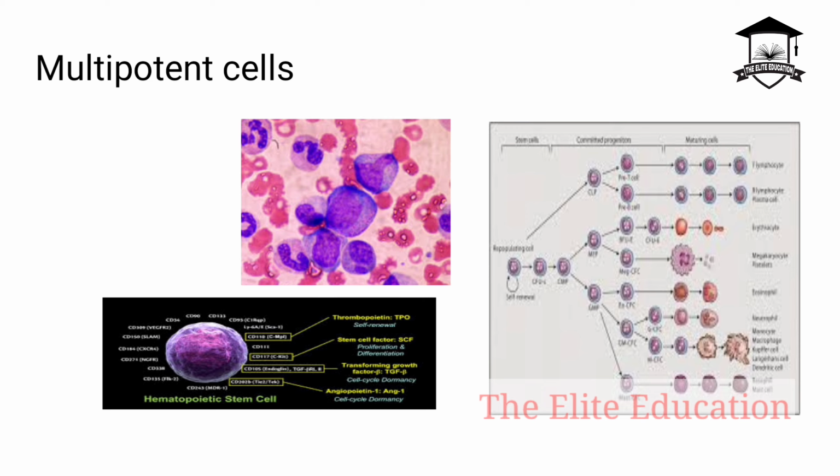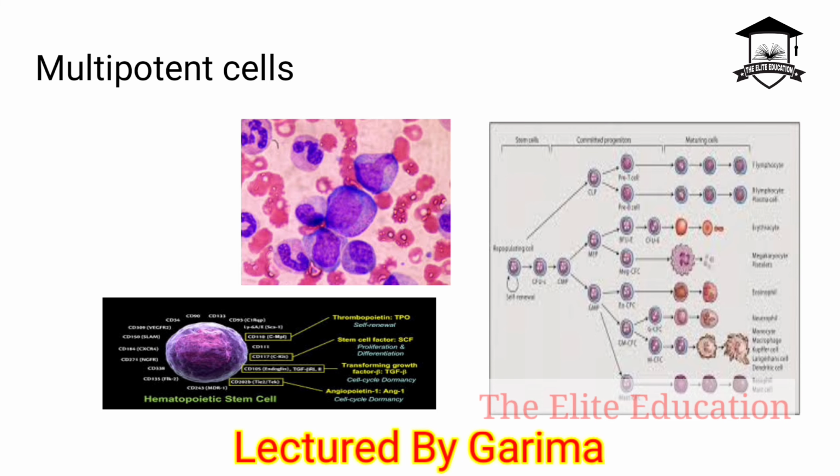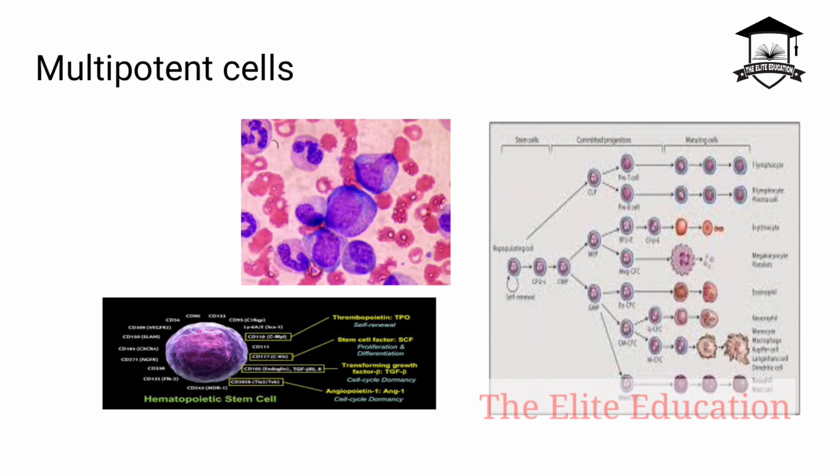And this is how a single cell can give rise to an entire family. These are just the capabilities, the possible results of the multipotent cell, that is the hemopoietic stem cell. All these different kinds of cells can be derived from that single hemopoietic stem cell. Okay, moving on to the next.